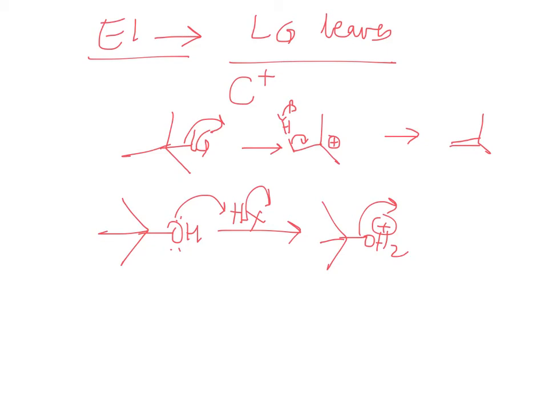So as it leaves, it will give you, after the reaction with the conjugate base, the corresponding alkene. And usually it will be the Zaitsev product that you're going to see. But nevertheless, just be aware of what I told you about the Hofmann product as well.